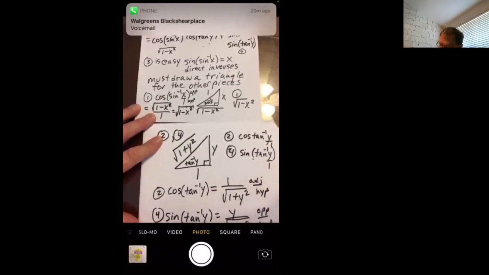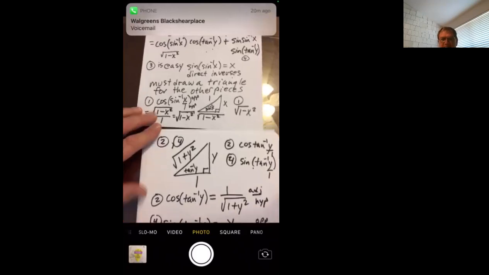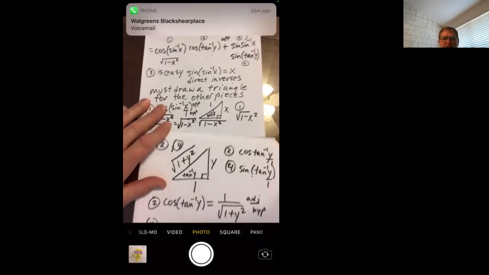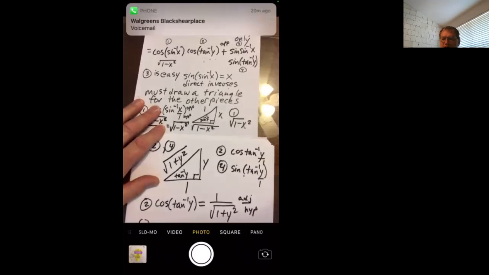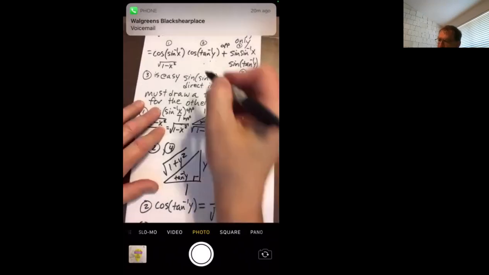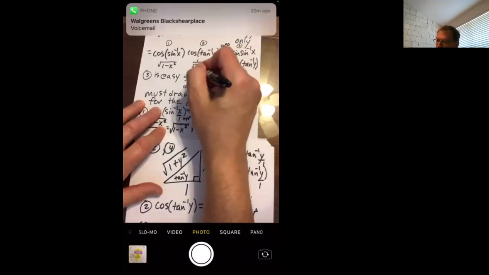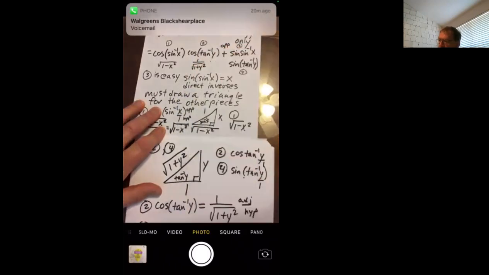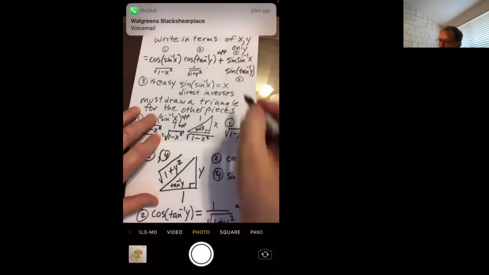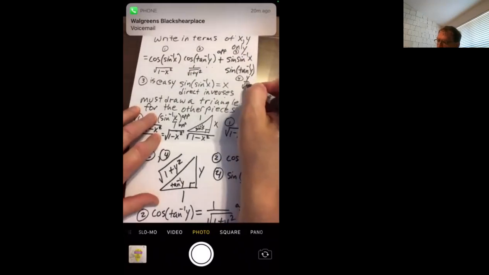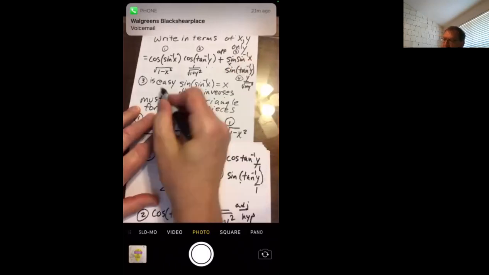Plug in, and you get, maybe I should show it up here. I've just shown piece 2 is 1 over the square root of 1 plus y squared, and I've just shown that piece 4 is y over the square root of 1 plus y squared. And I've shown piece 3 is x. That was easy.